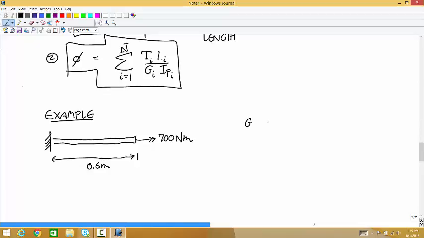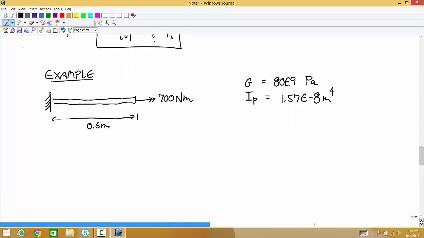And I'll just give you these values. G, let's say, is equal to 80 times 10 to the 9th pascals. And the polar moment of inertia is 1.57 times 10 to the minus 8th meters to the 4th. And we just want to calculate the angle of twist.